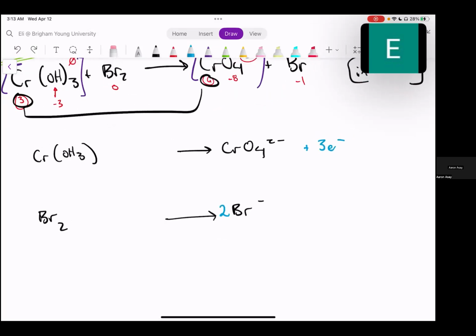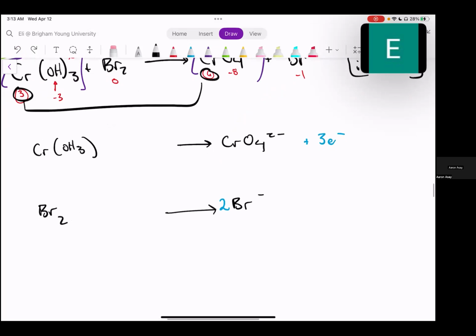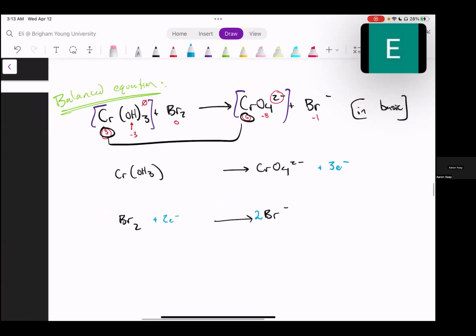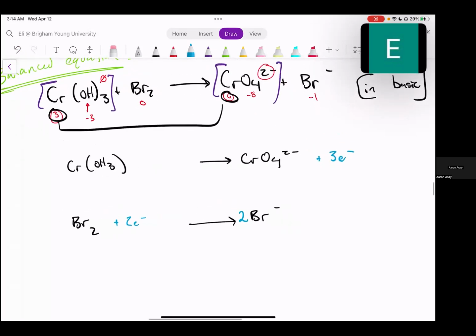It's important to note that, yes, each bromium is gaining only one electron, but because there's 2 of them, we have to include both electrons in our balanced half reaction. So each bromium is gaining only 1 electron, but there's 2 of them, so we have to add those 2 electrons.